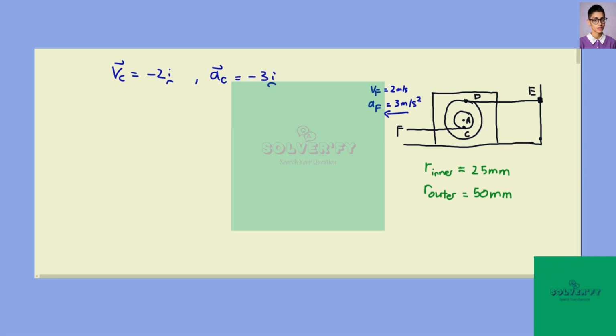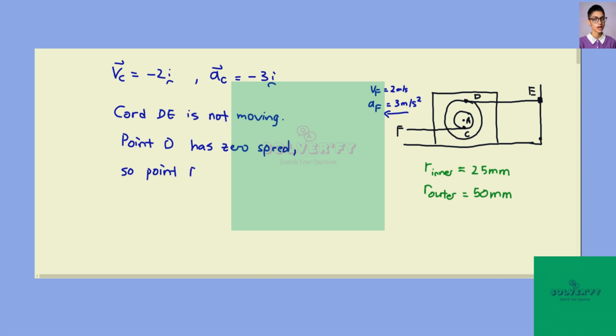Okay, then we also note that cord DE is not moving. So point B has zero speed. Point D is the instantaneous center of zero velocity.